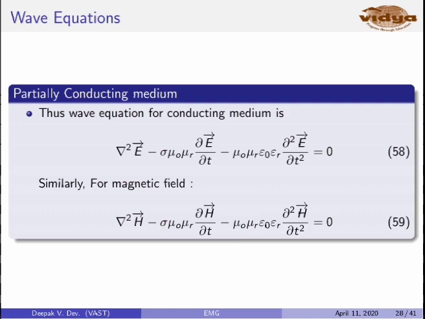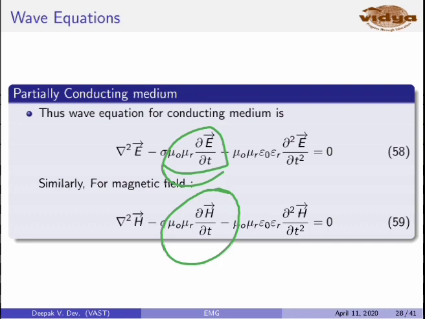So this term is responsible for the dissipation of power in the medium. If the wave is propagating through a partially conducting medium, there is a dissipation of power, and this term is responsible for that dissipation or loss of power.